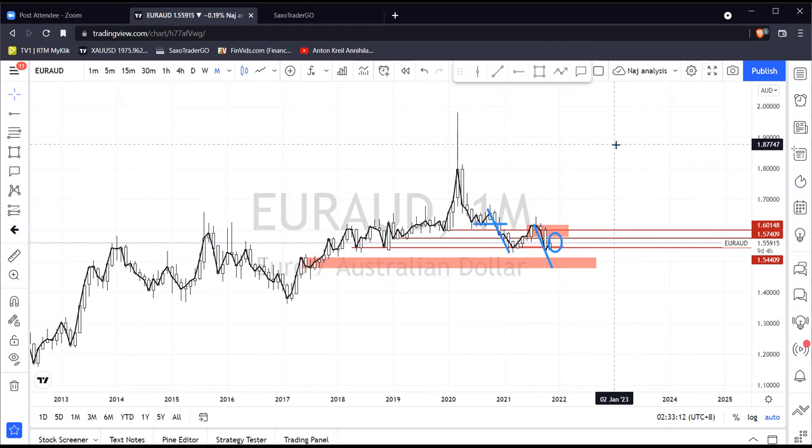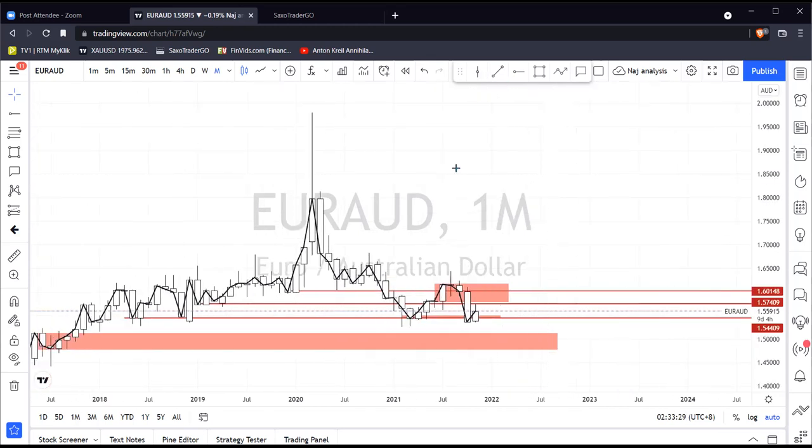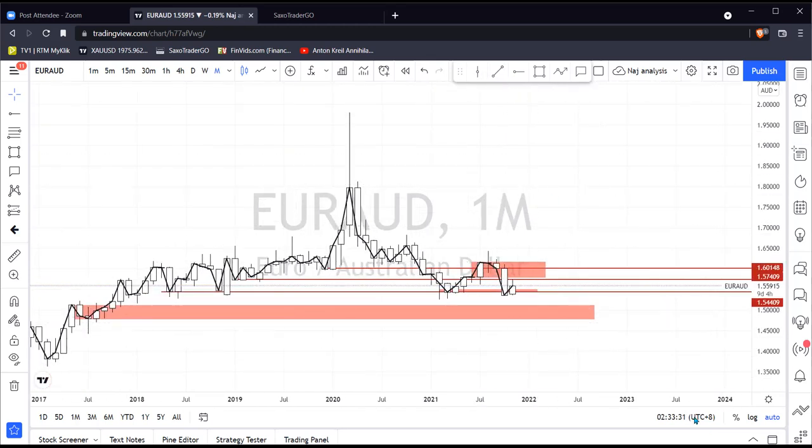Yes, but market structure is one thing, lower low, lower high, but you also need to know what the retracement formation of multi-time frame does. So let's analyze this EA before we call it a day.